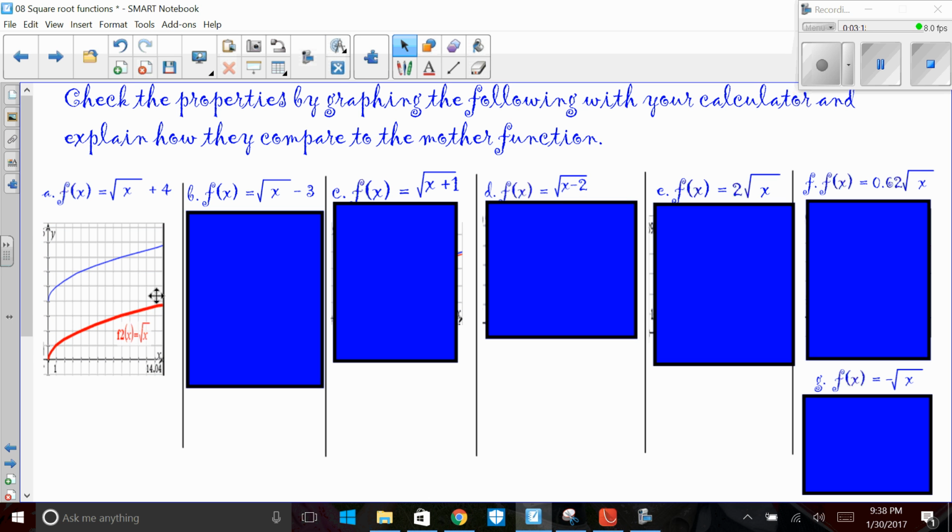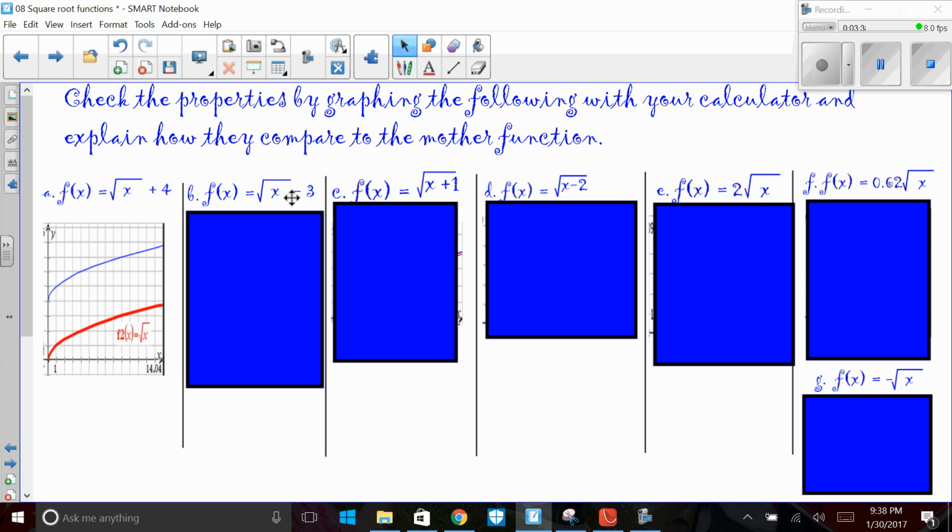The red function here is the original mother function, y equal to square root of x. And the blue one is this function up here. Notice how it is the same as the original, except it's just moved up 4. It's shifted up 4.